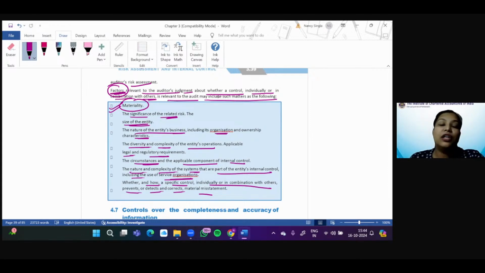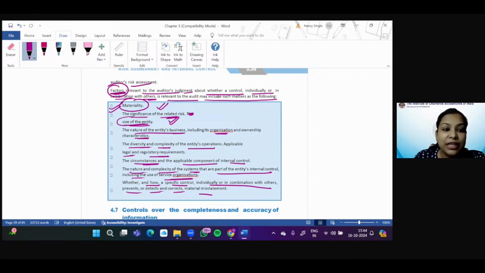So if that control pertains to any material transaction or material aspect of the organization, then that internal control becomes relevant to the audit. If the related risk is significant, let's say there is an internal control with respect to related parties, this is going to be significant, this is going to be relevant to audit.